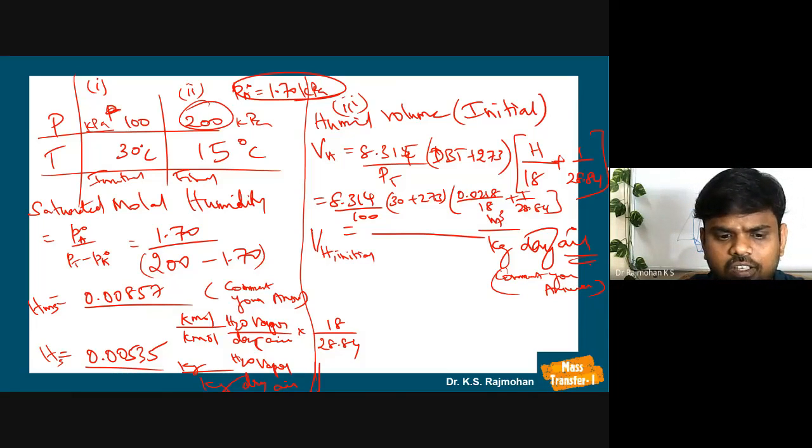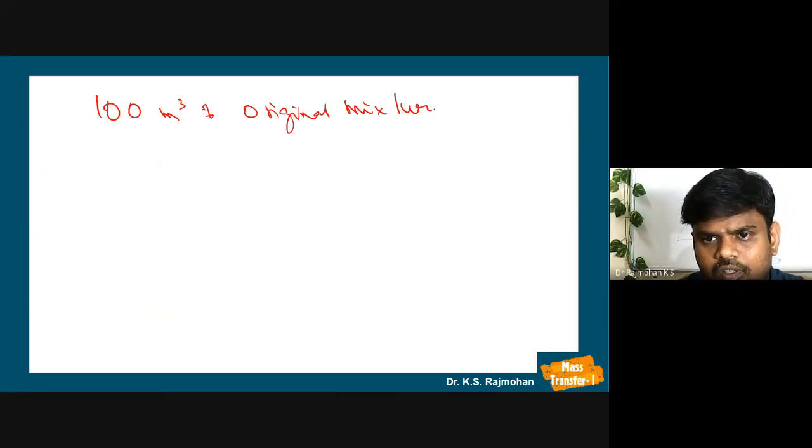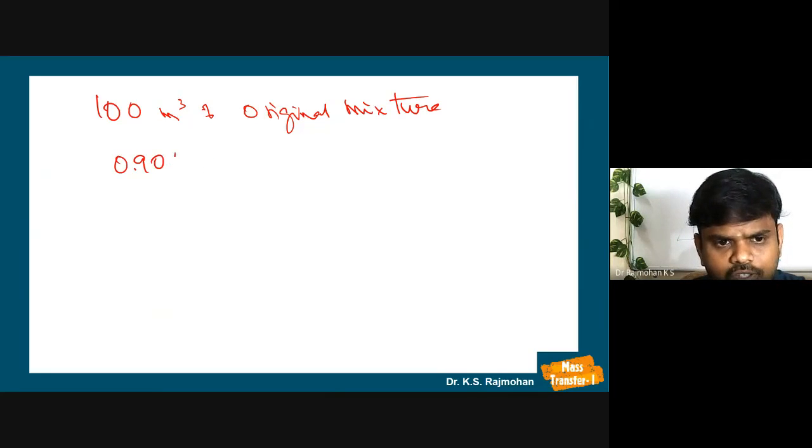And given that 100 meter cube of the original mixture is given. So for 100 meter cube of original mixture, we have data that 0.906 meter cube of mixture, that is, specific volume is meter cube per kg, right?